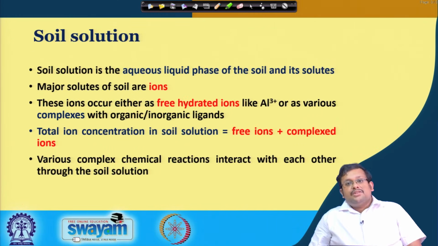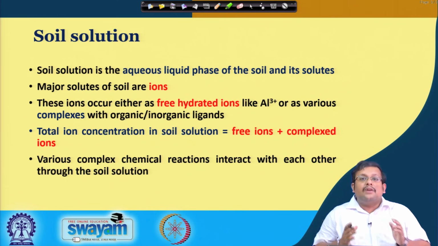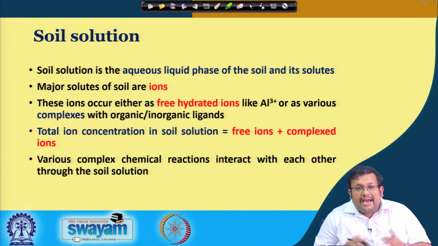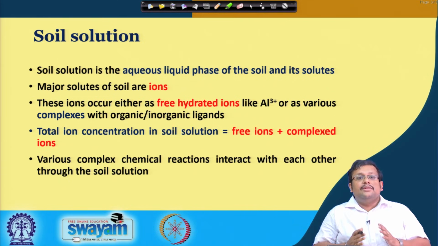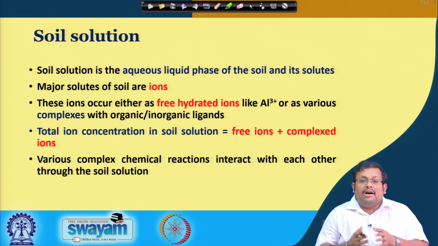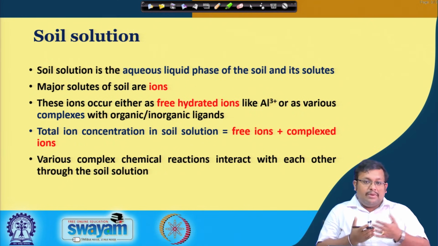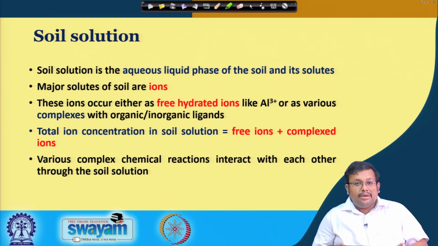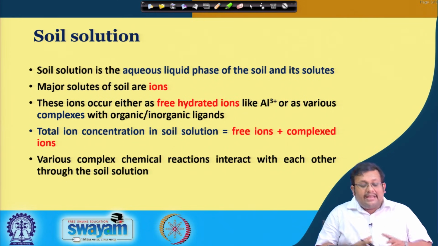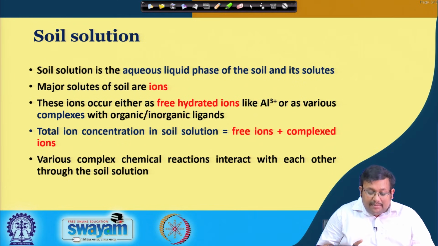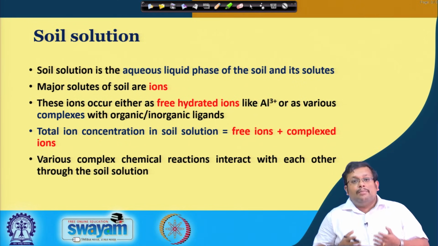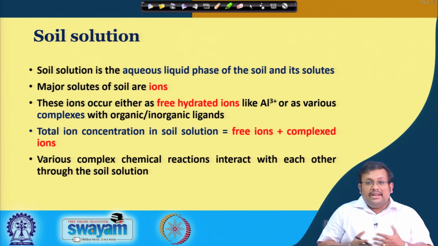So, what is basically soil solution? Soil solution is the aqueous liquid phase of soil and its solutes. In case of soil, you can see the major solutes are the ions which are present in the soil solution. They may be cations, they may be anions. These ions occur either as free hydrated ions like aluminum 3 plus, or as various complexes with organic and inorganic ligands.